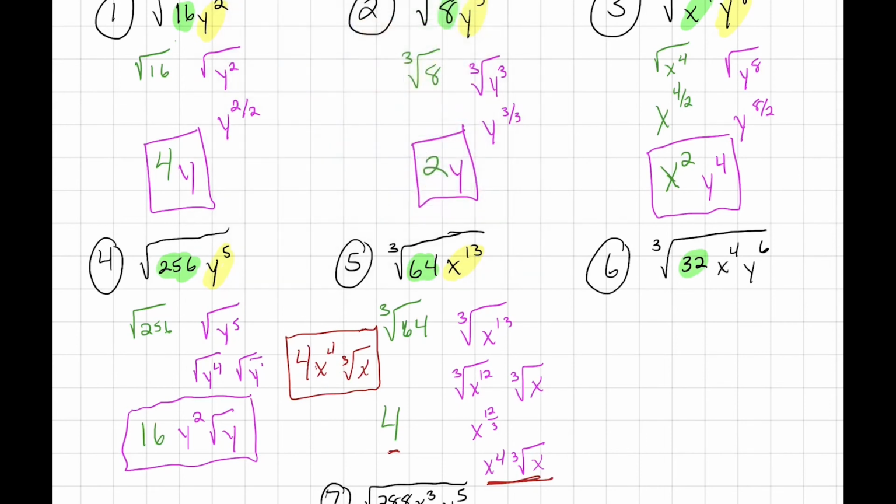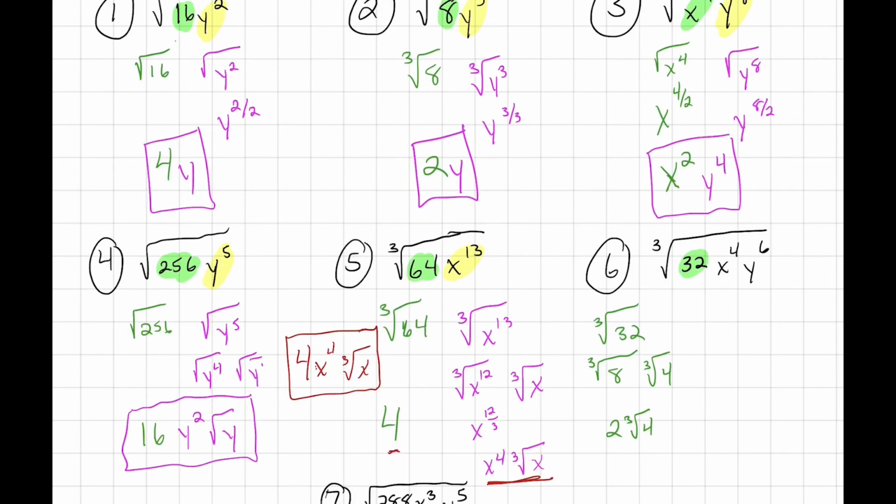Well, 32 is not a perfect cube. So I need to split that up into a smaller piece. The way that I can split that up is the cubed root of 8 and the cubed root of 4, because 8 times 4 is 32. We know that the cubed root of 8 is even, that's 2. And the cubed root of 4 is my leftover piece, so it just is what it is.